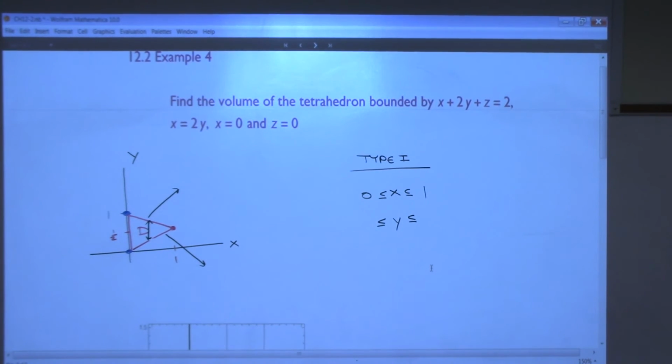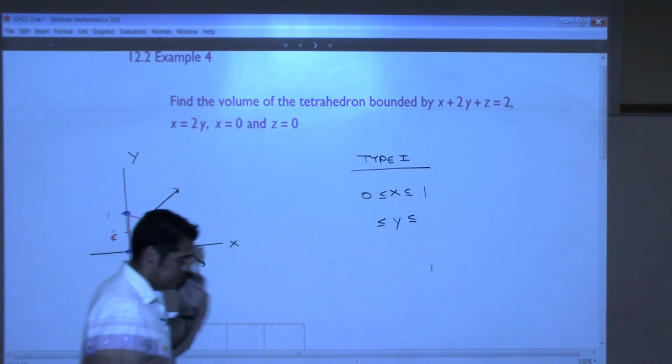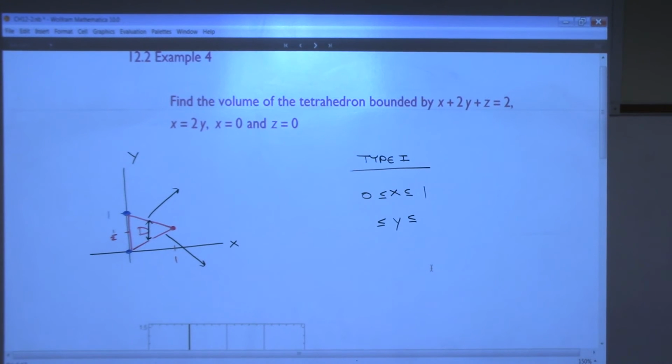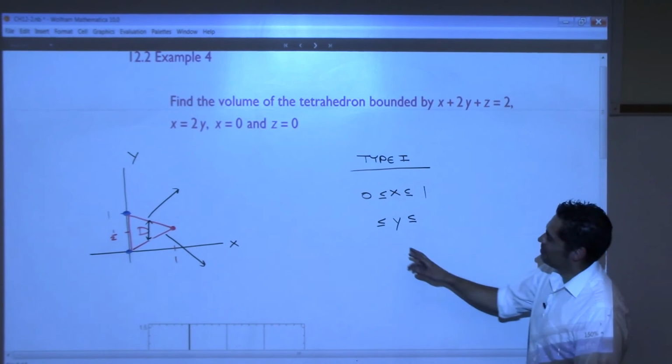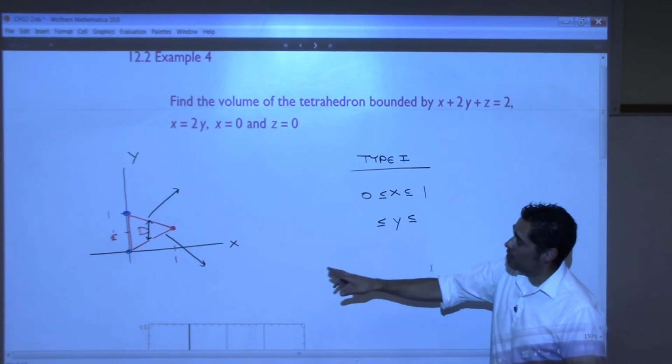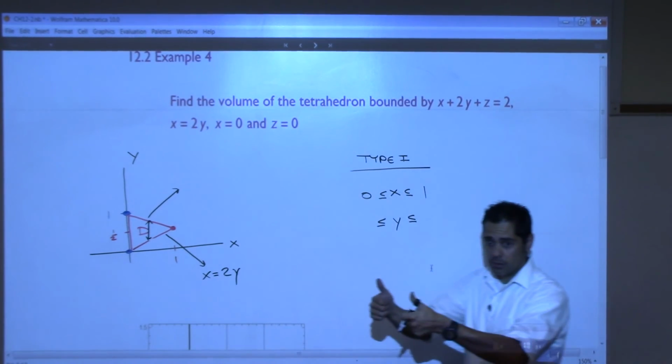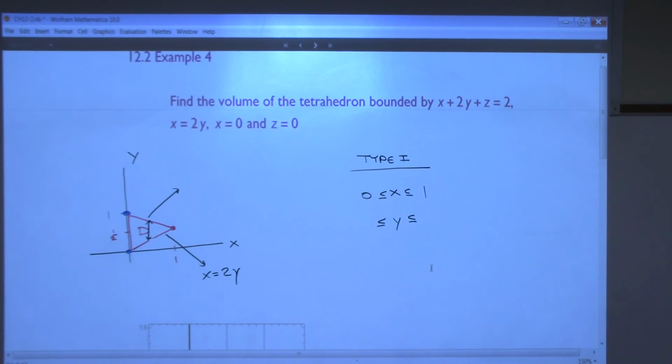Wait a minute. Yeah, that's right. Yeah, x is 1. Sorry, I had a little panic attack there. So the bottom one comes from this equation, x equals 2y. We agree? The top one comes from what?